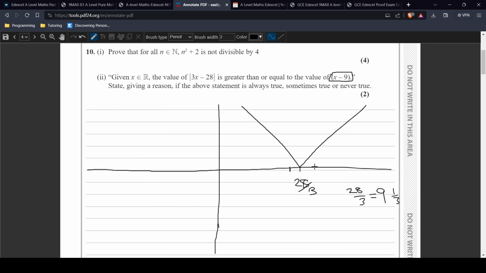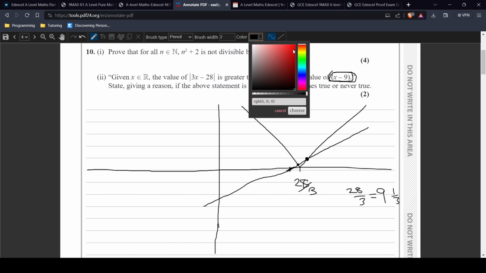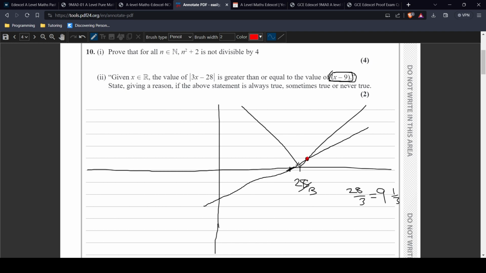Now, the key thing here is that this graph is going to be less steep, because the gradient of x minus 9 is only 1, whereas the gradient of the other line is 3. So the line will be something like this, and you can see that the graphs intersect at 2 points, at these 2 red points.